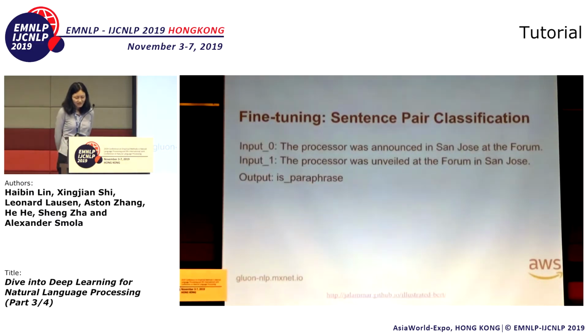Sentence pair classification is another type of task we're interested in. In this example, we have paraphrase classification, and in other examples, we can also have natural language inference. Here we're given two sentences, and we try to predict whether it is a paraphrase or not.